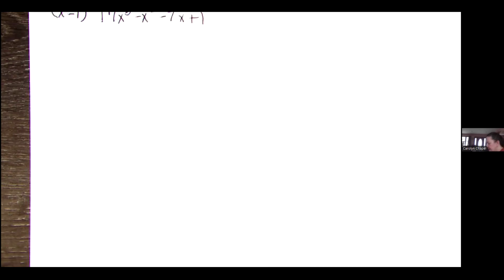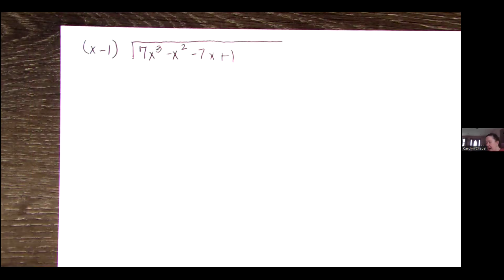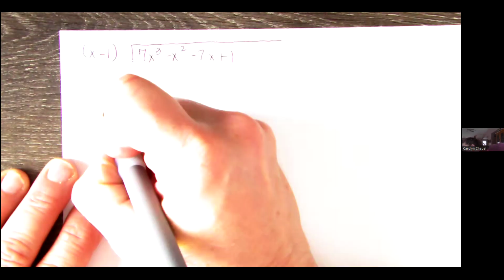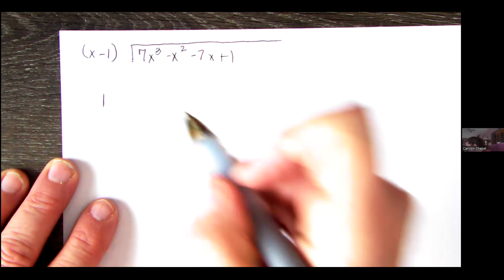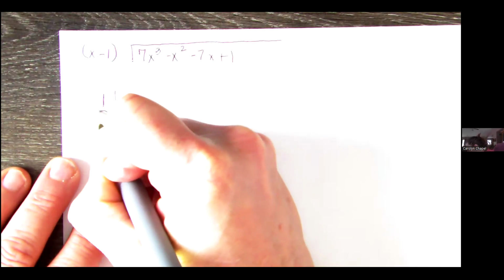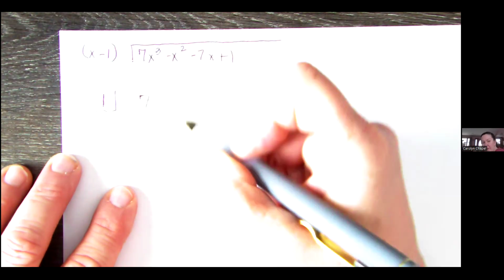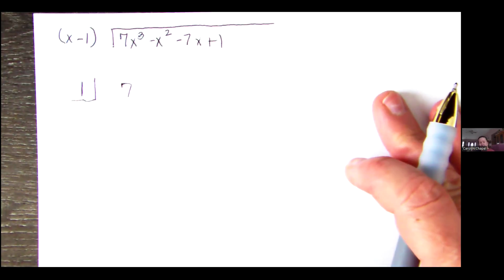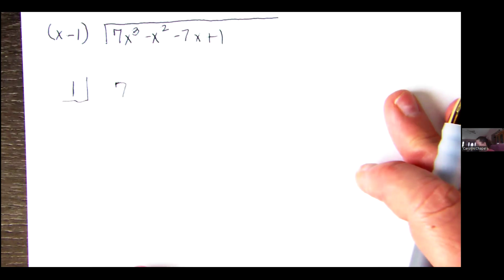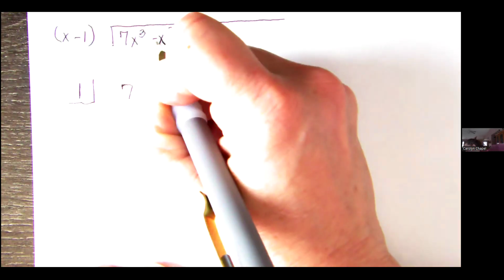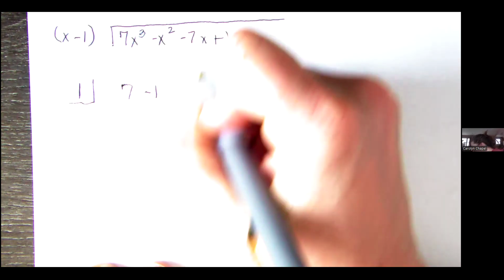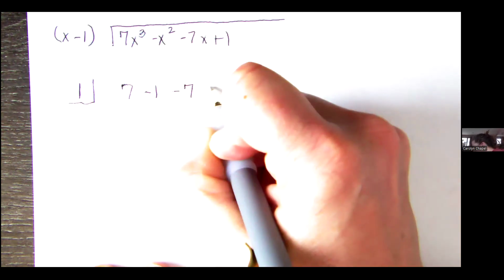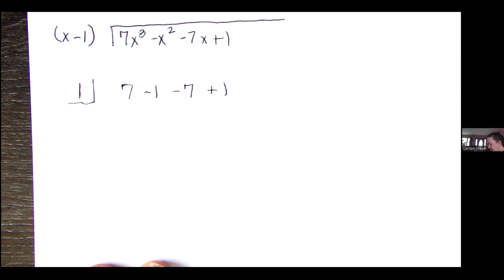But instead of doing long division, synthetic division is a shorthand way to do so. The way we do it is we take that 1 that we had, and we divide it into the coefficients. Zoom in a little bit here because it seems to be getting a glare. There we go. My coefficient here is a 7, then a -1, a -7, and a +1.